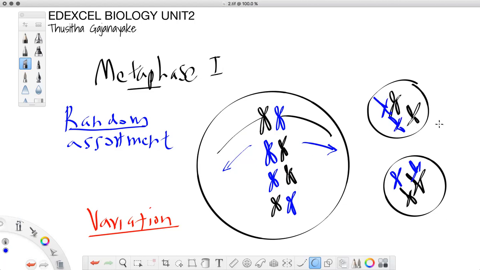Now you see this resulted in two cells. It has some number of the mother's chromosomes and the father's chromosomes. If you take all 23 pairs of chromosomes, then randomly they are allocated to these cells.